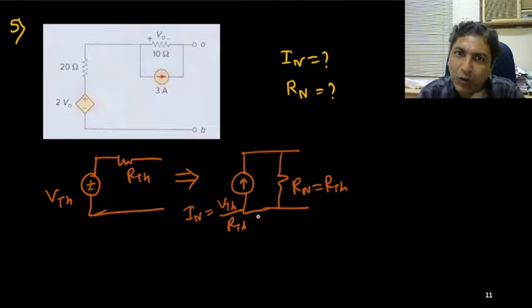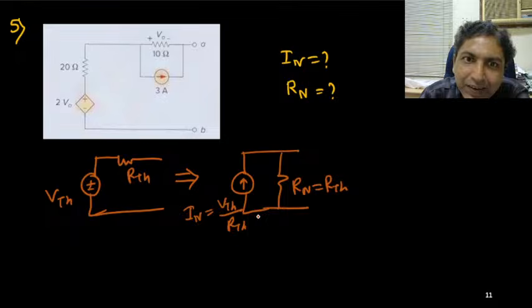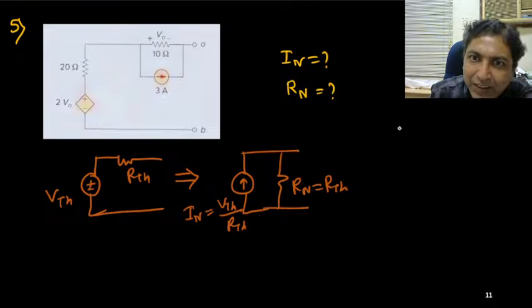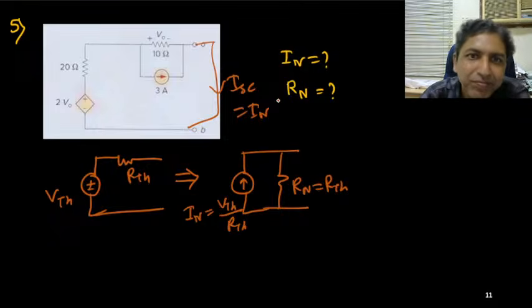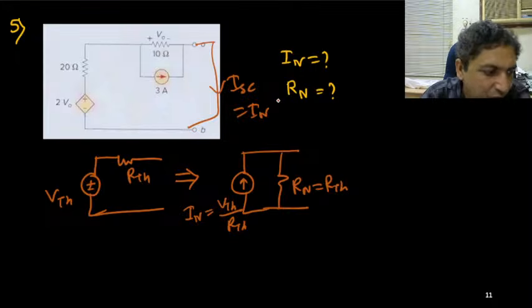Or if you want to find out Norton current directly, you can find out ISC, the short circuit current. A short circuit current ISC is the same as I Norton. Okay, that also you can do.